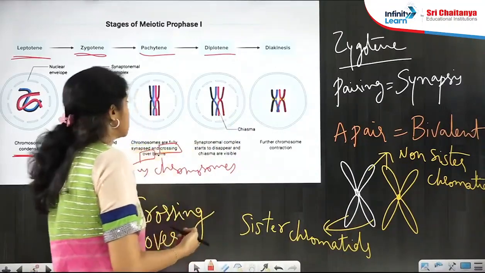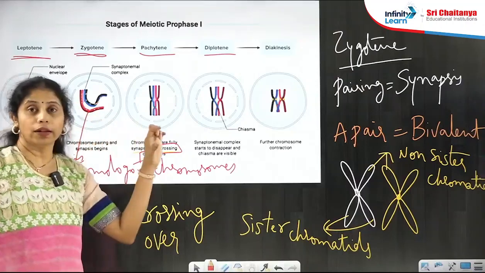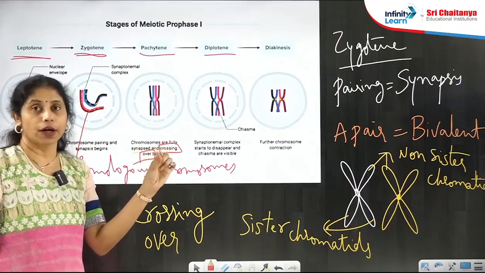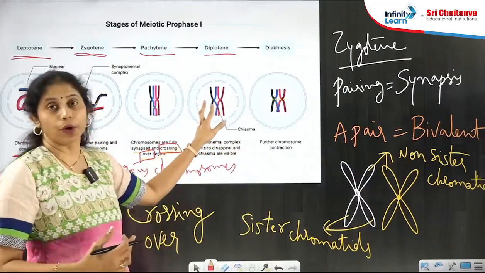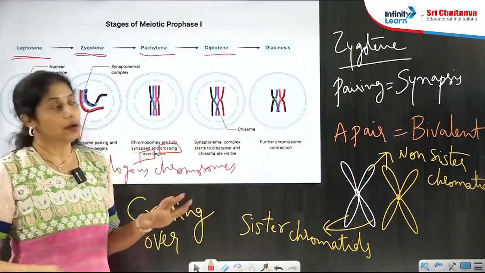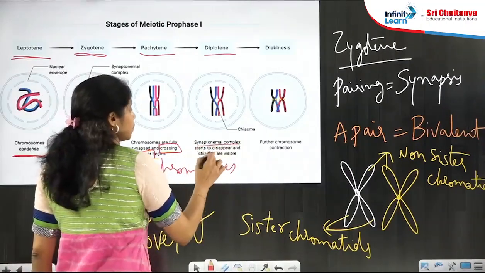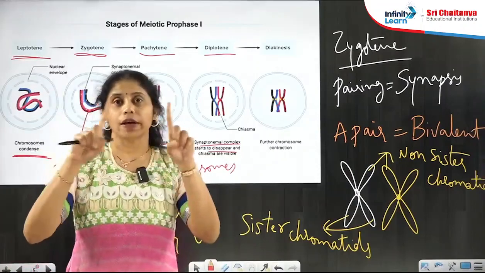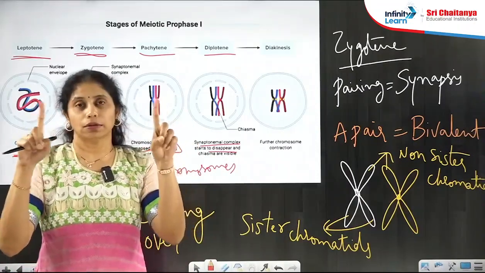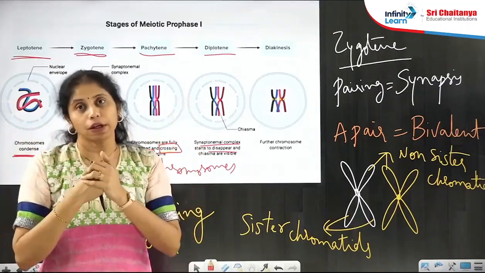In diplotene, the synaptonemal complex proteins, which were holding the two homologous chromosomes together, will be dissolved. The attractive force keeping them together will be dissolved. So in the diplotene, as the synaptonemal complex starts to disappear, the two chromosomes try to separate and move away from each other.